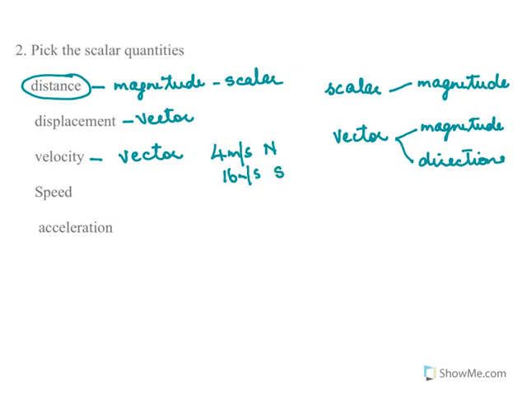That is velocity. But speed is a scalar. It has only magnitude. If we say just 4 meter per second, it becomes a scalar quantity. There is no direction, north, south, east, west. Acceleration is a vector. It has got magnitude as well as direction.